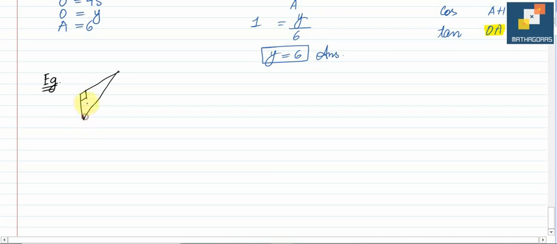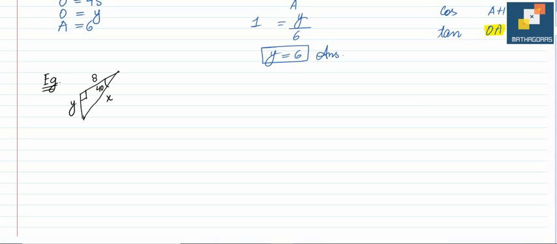So it's 90 degree, right? And this side is 8, this side is 10, not 10, this side is 8, and this angle is 40. You need to find the value of x and you need to find the value of y. Now at this point, stop the video, solve this question by yourself.